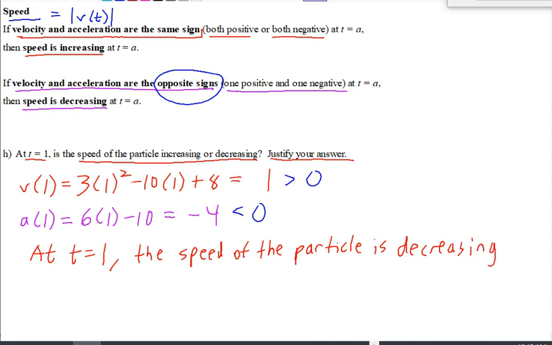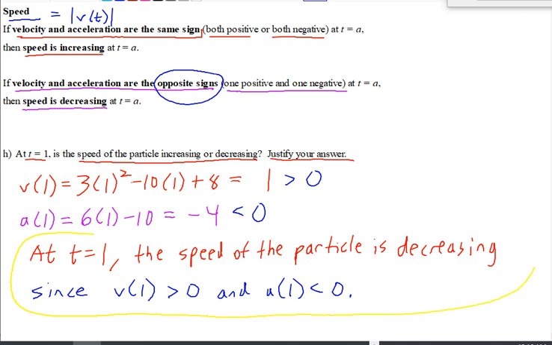And then your justification, all you'd have to say is since we figured out v of 1 is greater than 0 and a of 1 is less than 0. Whereas if they were the same sign, both positive or both negative, then we would know that speed was increasing. And that concludes the notes for AP Calculus on the topic of position, velocity, and acceleration.